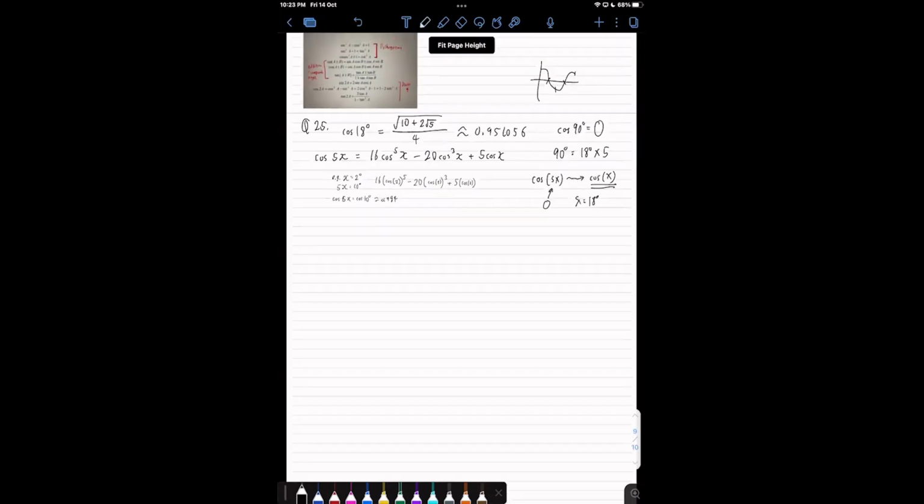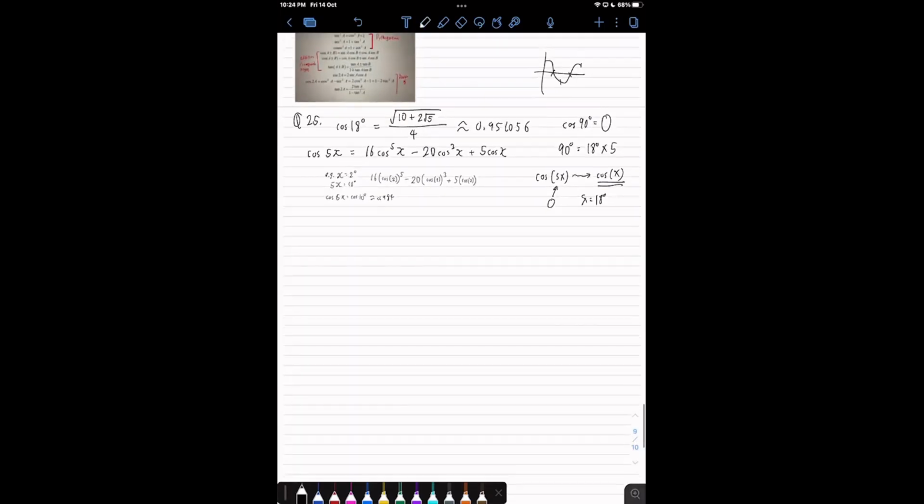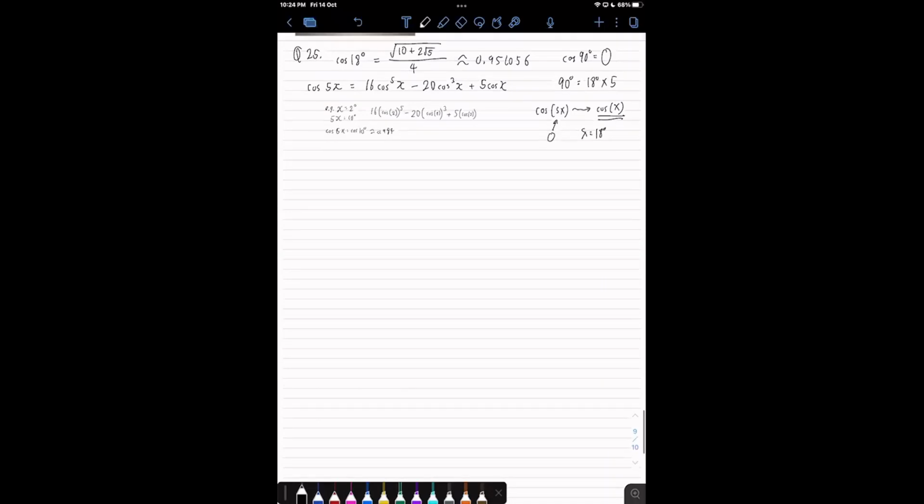So now cosine 5x equals that funny formula. Let's try to prove it. You see 5x and 1x. How do you break it down? If you recall the trick for cosine 3x, what do you do? x plus 2x. Very good. So what do you think we should do with cosine 5x?